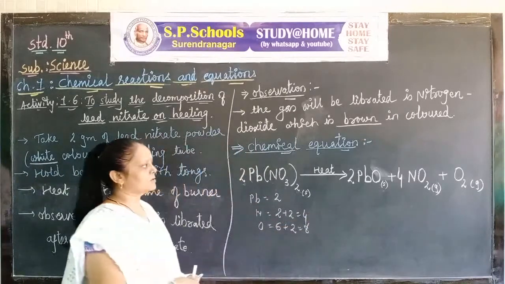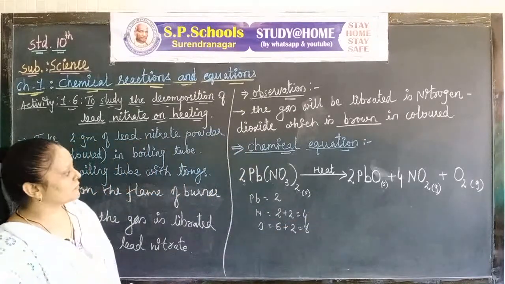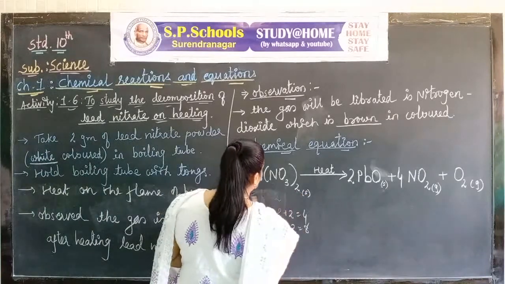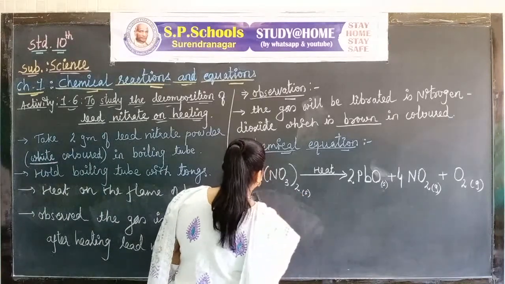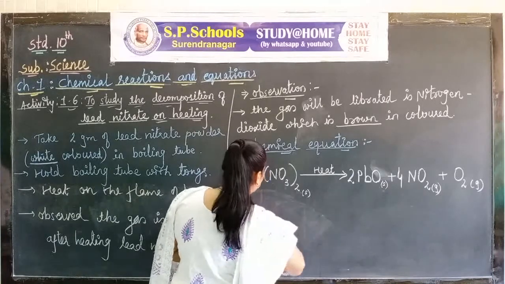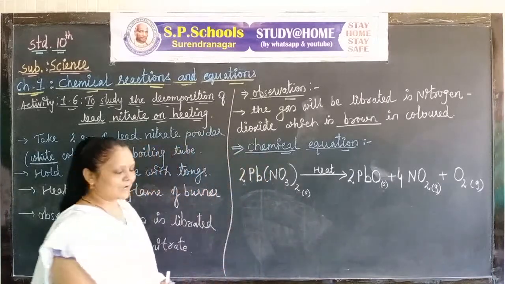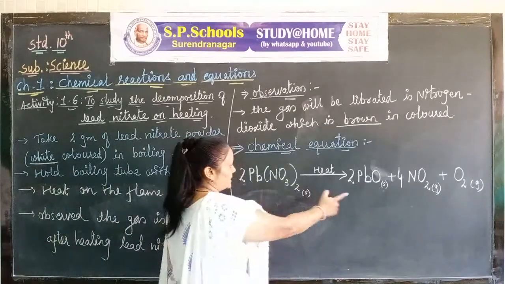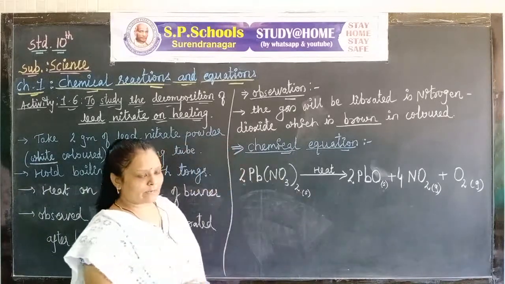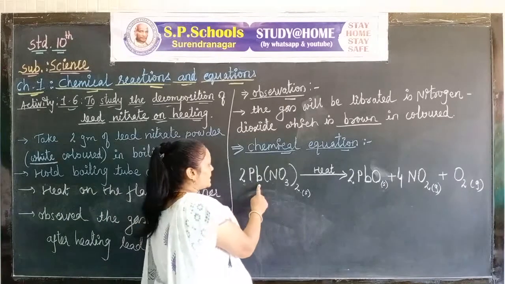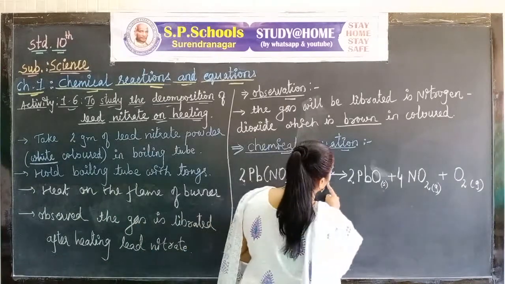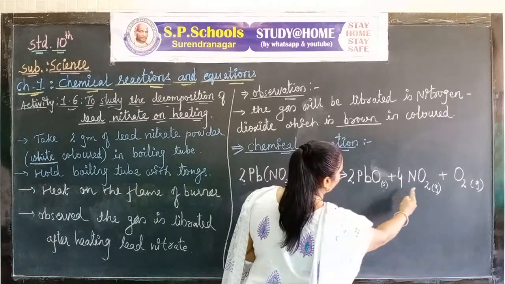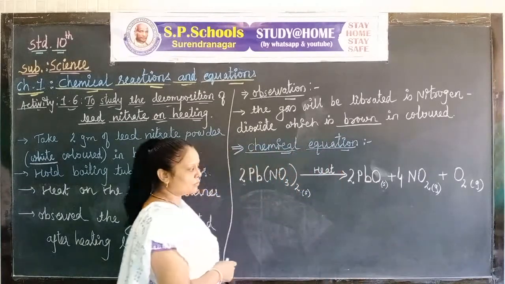Then count the atoms on both sides and try to balance the chemical equation. Here the equation will be balanced: 2Pb(NO3)2 after heating gives 2PbO plus 4NO2 plus O2.